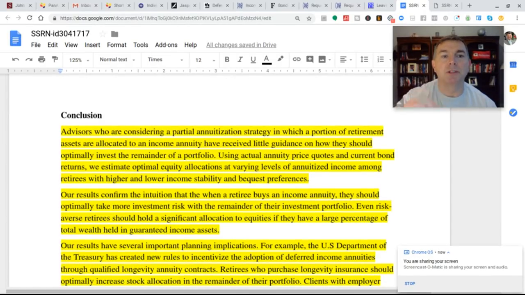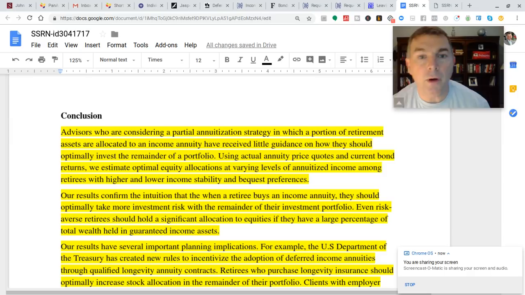Conclusion. Investors who are considering a partial annuitization strategy, in which a portion of the retirement assets is allocated to an income annuity, have received little guidance on how they should optimally invest the remainder of the portfolio.